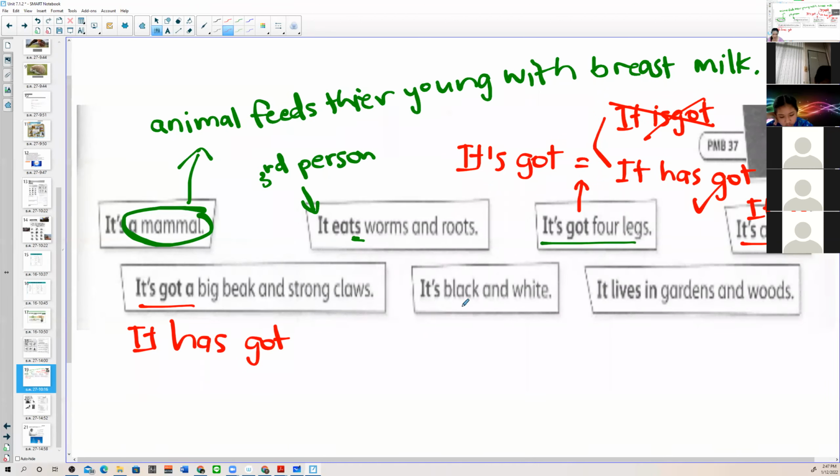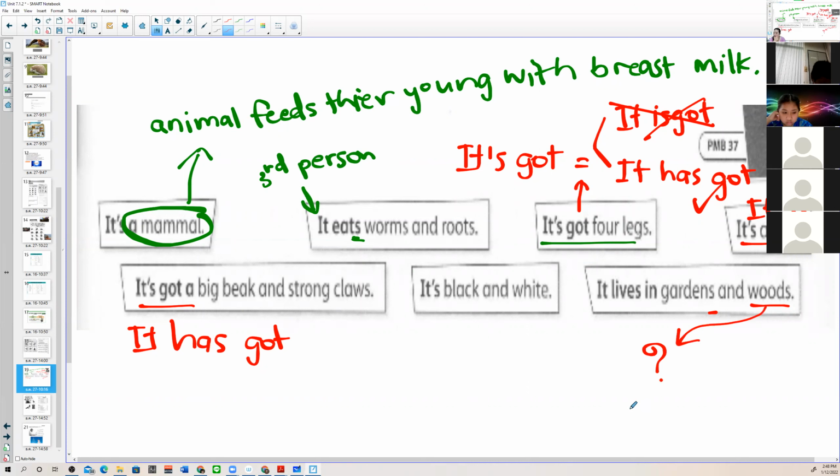This one, it says, it's black and white. This one, it lives in gardens and woods. What does woods mean? Woods. Wait, have you done this part? You've done this part, right? Oh yeah, you did. You haven't. What does woods mean?